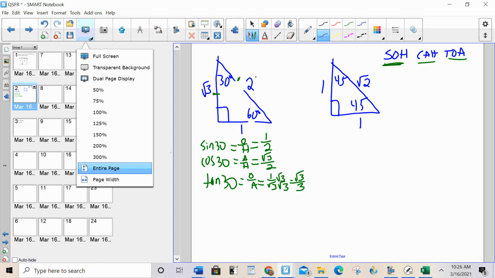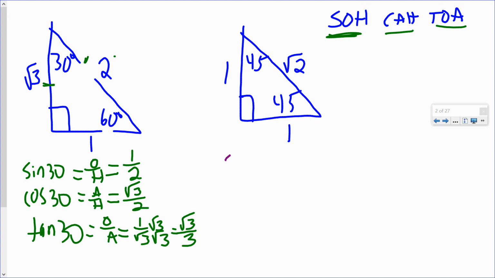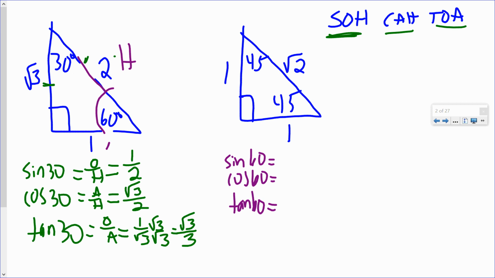And let's do 60. Sine of 60, cosine of 60, tan of 60. Now I'm working with this angle, so H stays H, but now this becomes my A, and this becomes my O. Sine again is O over H, cosine is A over H, tangent is O over A. So O over H would be radical 3 over 2.